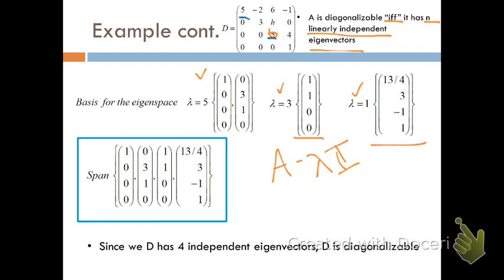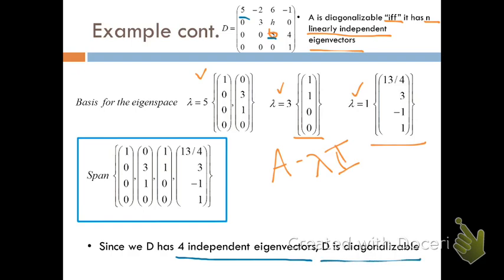In the previous example, we saw that we did not get n vectors in our eigenspace. But here, since we know that it was two-dimensional, we notice that we do indeed have 4 independent eigenvectors. So therefore, in this case, D is diagonalizable.